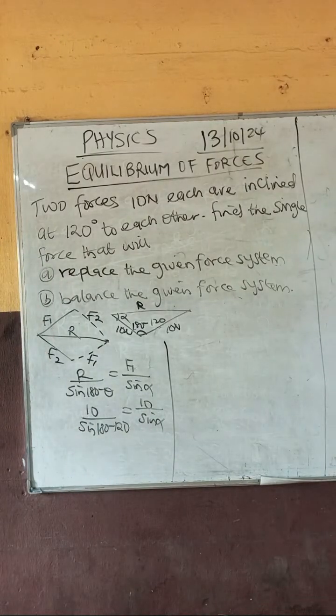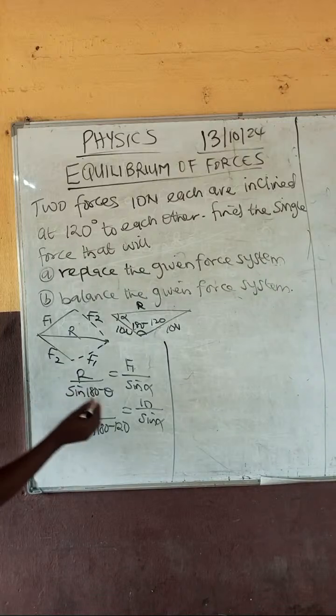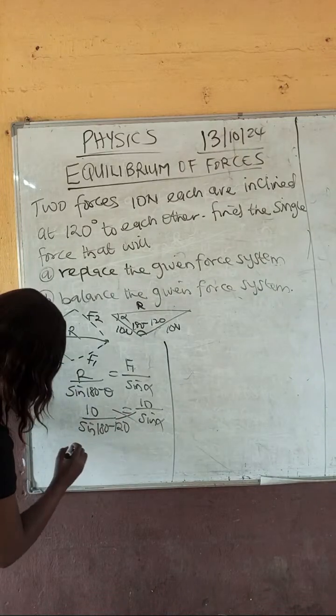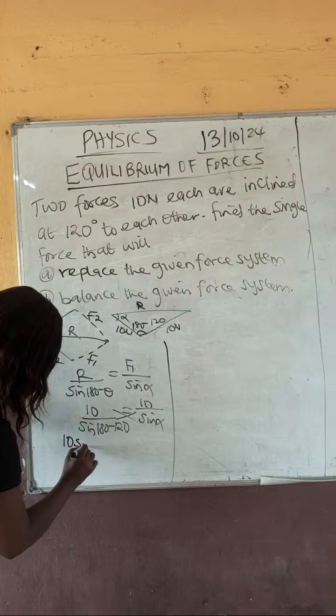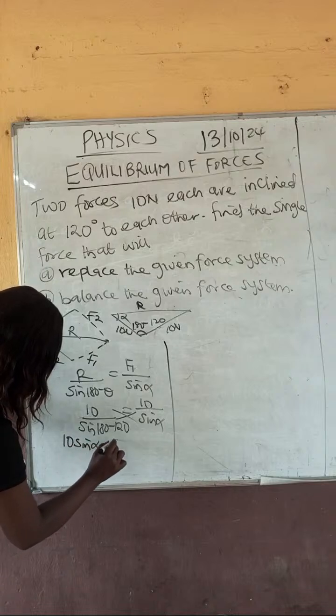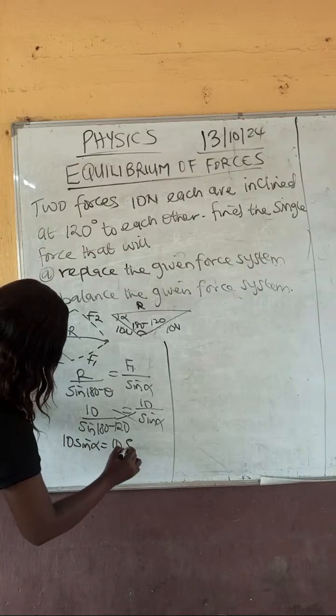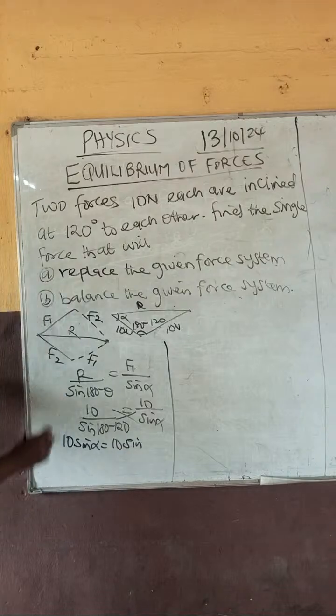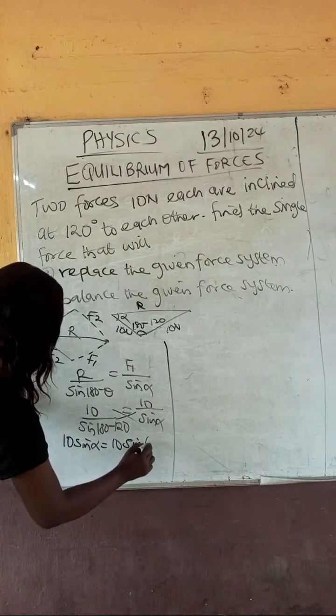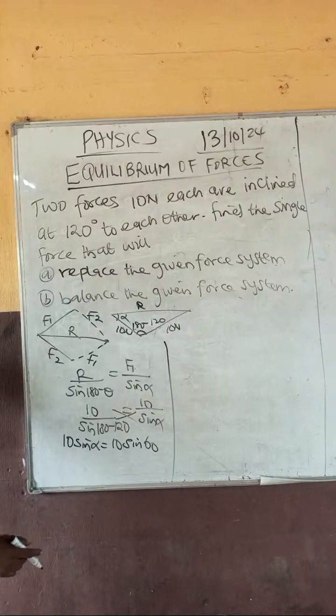Now what I'm going to do is cross multiply. 10 sine alpha is equal to 10 sine(180 minus 120), which gives 60.